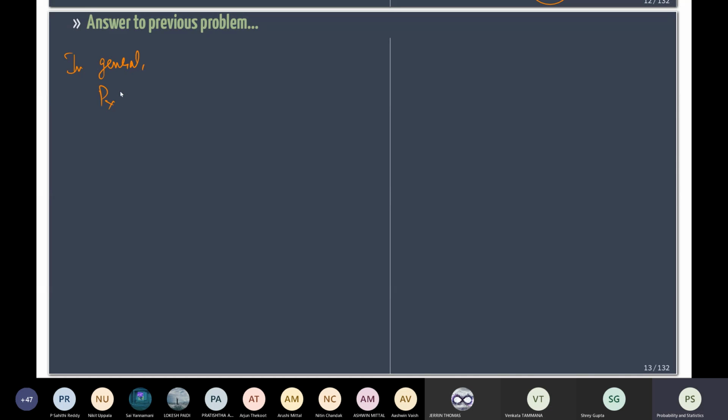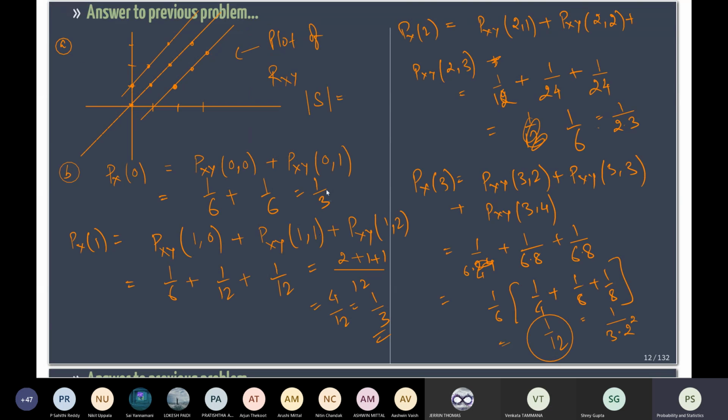We have pxk, and you can also do a calculation for y. Check by symmetry. For the moment, by symmetry, we just write that this is also equal to py, and this is 1 over 3. So k equal to 0 is the special case.